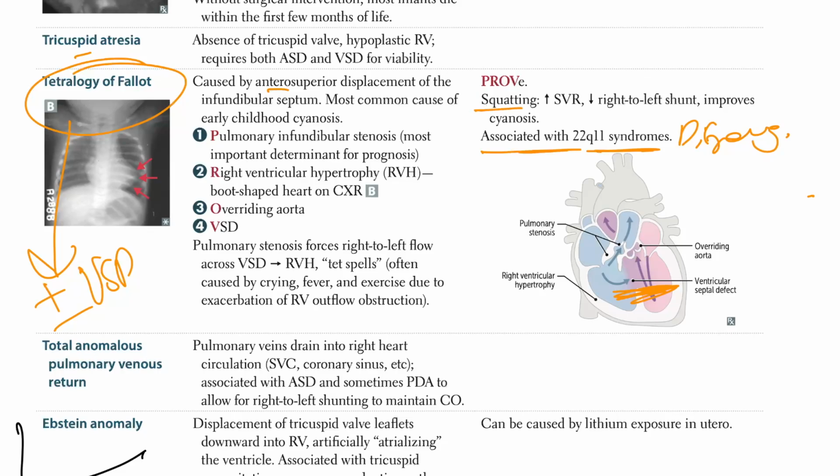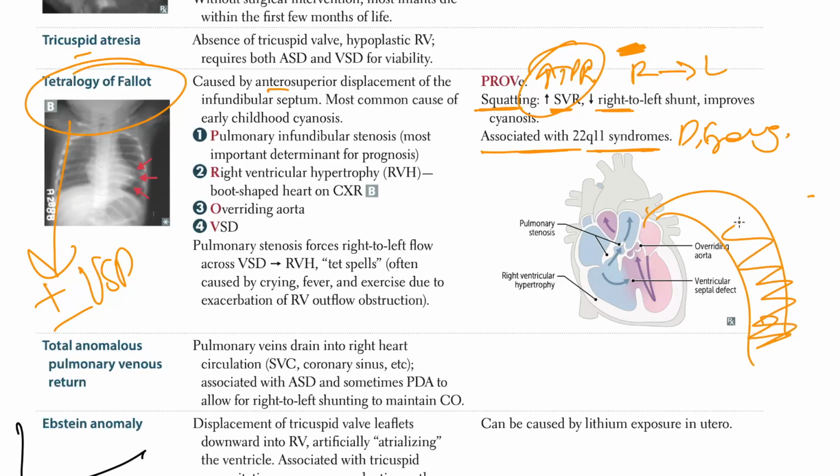And what else? Again, we talked about squatting, but let's see what squatting does. Squatting increases the SVR, which is systemic vascular resistance, the same thing as an increase in TPR, total peripheral resistance. So when you squat, the vessels increase the resistance, increasing the TPR or SVR. That would decrease the right to left shunt. Why? Because now you have increased the pressure here. That pressure is going to go back and increase the pressure in the left heart.